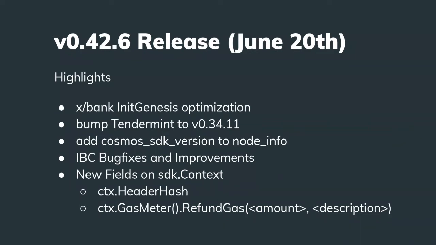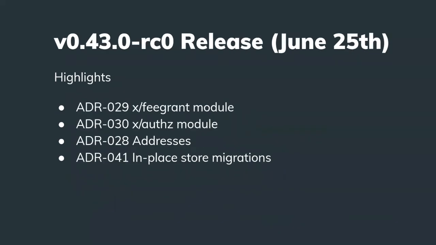So those are the updates for the 4.2.6 release, which went out on June 20th. Also, just as a note, there are several other minor bug fixes and improvements. Take a look at the changelog or the milestones for the 4.2.6 release if you're looking for more details.